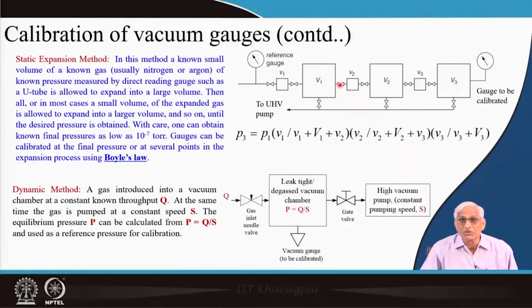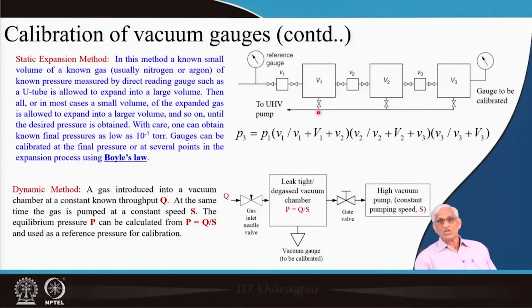While doing that, you keep this valve open and another small volume, v2, is also exposed. In fact, that v2 is the pre-volume to the next stage, but we are intentionally evacuating it by closing this valve and opening this valve. That means all three volumes, small v1, small v2 and big V1, are exposed. In the figure I am not showing it big, but it is much bigger compared to these small volumes.